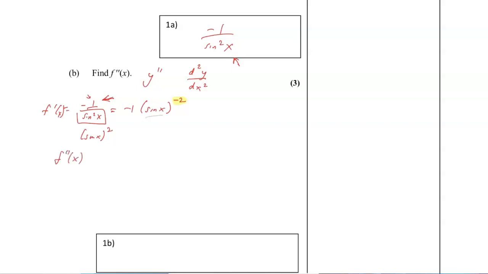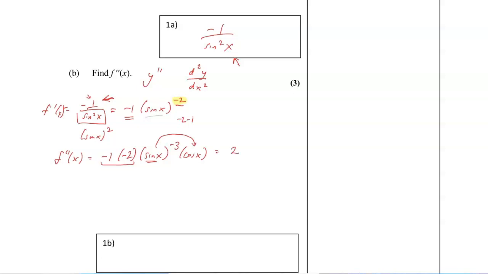So remember, to take the derivative, I am going to just write again the coefficient. You don't do anything with coefficients. I bring down the -2 exponent, and I leave the inside the same, and then I deduct 1 from the -2. It becomes -3. And then I leave the inside the same, right? And then I'm going to do chain rule on the sine x, and the sine x becomes cosine x. Now I can simplify a little bit. The -1 times the -2 becomes +2.